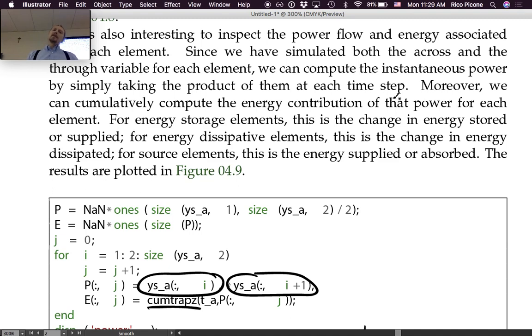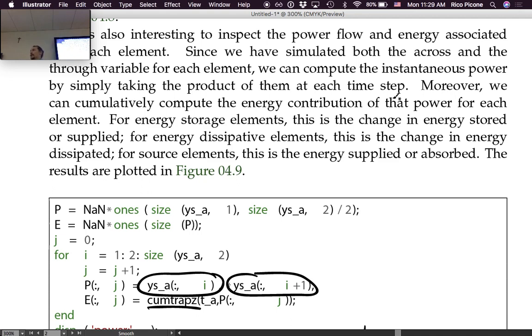For energy dissipative elements, it's the change in energy dissipated. So we are dissipating an amount of energy with the energy dissipative elements, and that's going to accumulate over time. And then finally, for sources, it's the energy supplied or absorbed.